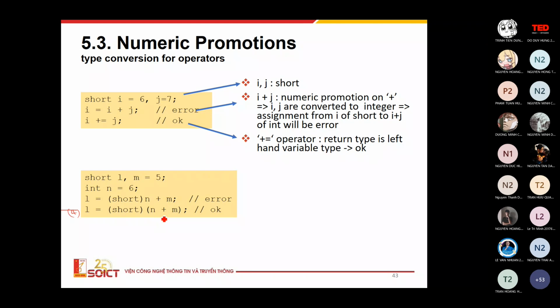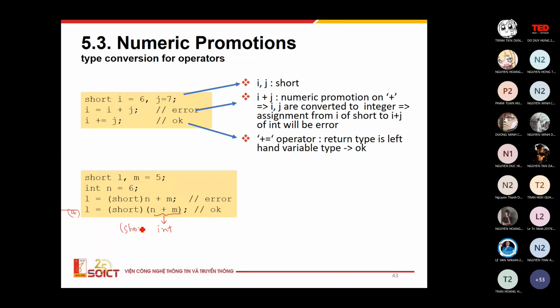N and M. So the addition has a numeric promotion, so the result is an integer value. Correct. Lastly, we explicitly cast the integer to short.